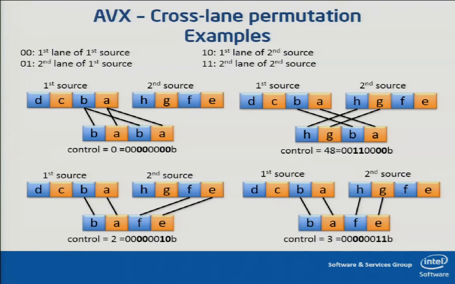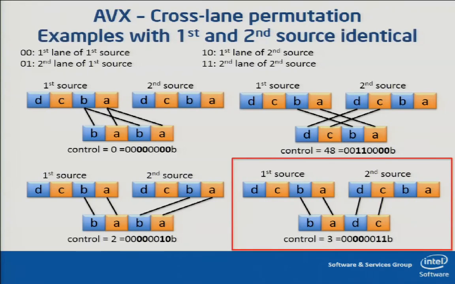And this guy is a lane flip. This is the most interesting part for me. This is the value 3. We take the first source, the first lane, so the first 2 elements, and put it in the second position. And from the second source, we take the second 2 elements and put it in the first position. And this is what I usually apply it for.